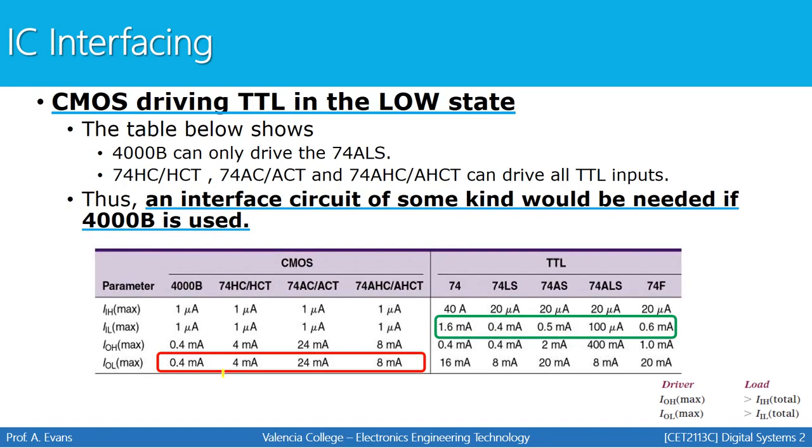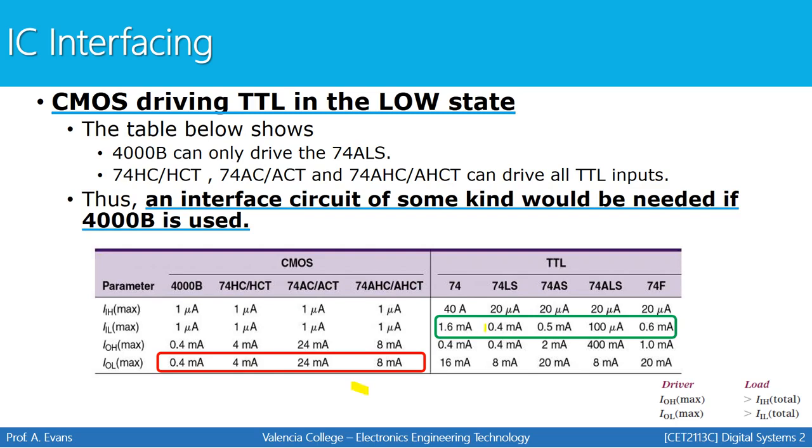So now let's look at the CMOS driving a TTL device in the low state, and we're going to look at current compatibility in the low state. And again, that means we're sinking current, and we have to look at the load and determine if the load is going to sink more current than the driver can handle. So look at our TTL low-level input currents. If we compare those to our CMOS low-level output currents, see if you can identify an issue.